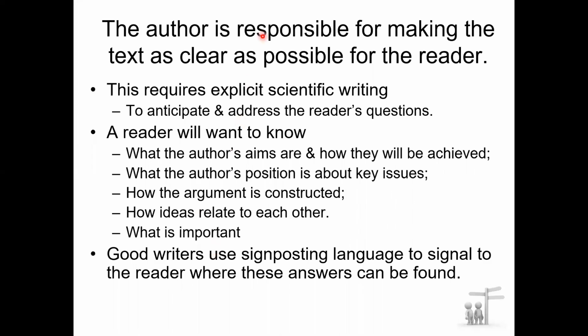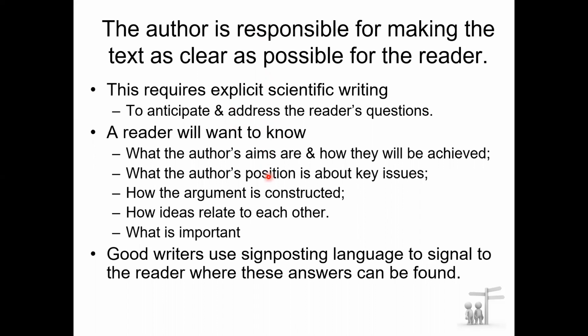So in Western society, the author is responsible for making the text as clear as possible for the reader, and also in science, this is. So it requires explicit scientific writing to anticipate and address the reader's questions as they might go along. The reader will want to know, obviously, what the author's aims are and how they will be achieved.